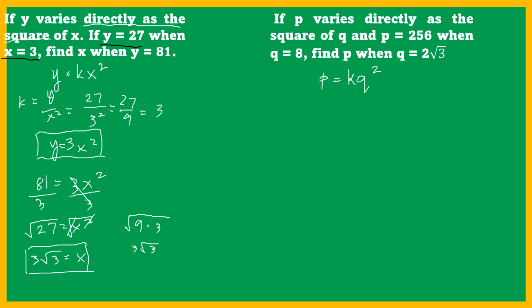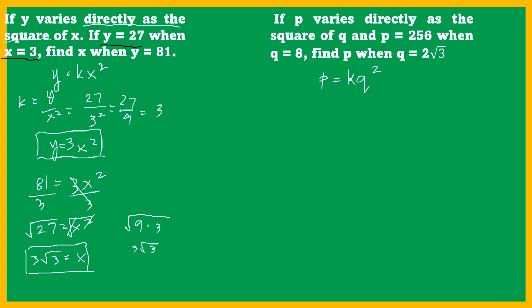So, ayan po. Yan yung sinasabi ko kanina na hindi lang x at y yung ginagamit natin. So, there are a lot of variables na pwedeng gamitin, pero kung mapapansin nyo, sundan nyo lamang yung given. P, syempre, kung P yung una, then P yung mauuna. P varies directly as the square of Q, so Q yung magiging square natin.